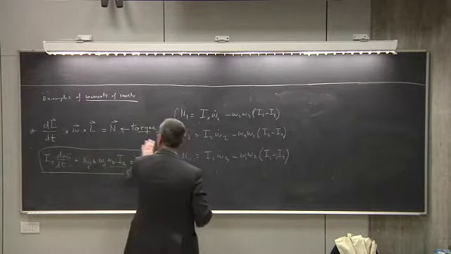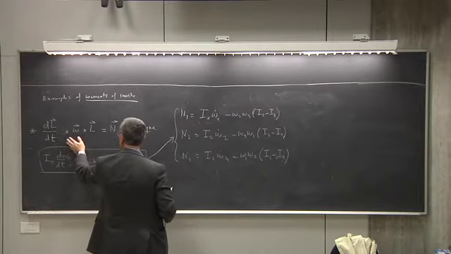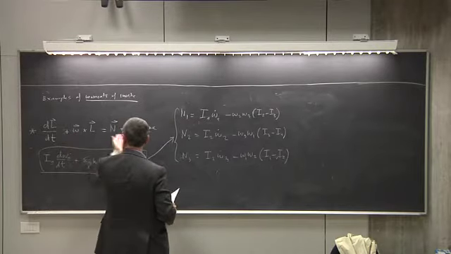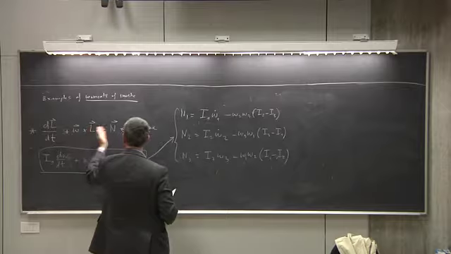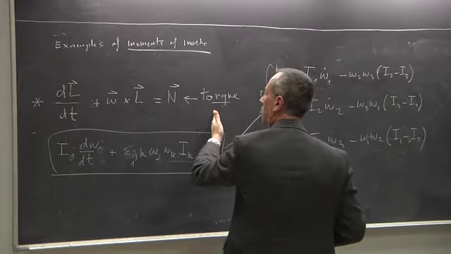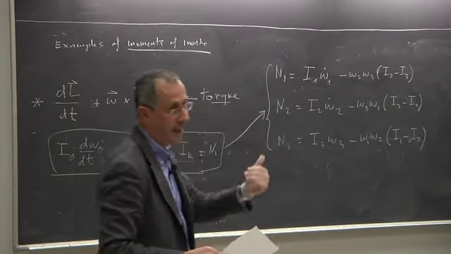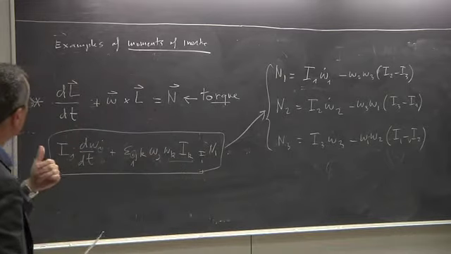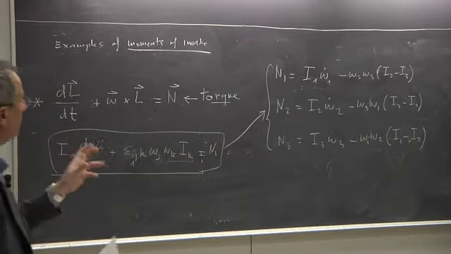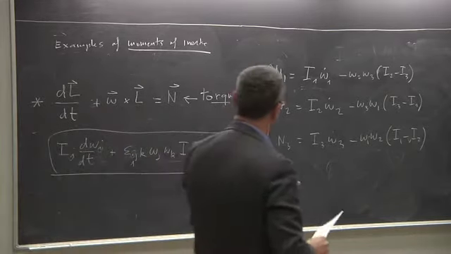So these are the equations for the change of the angular momentum given by an external torque. That is essentially all the dynamical equations that you need in order to study the motion of a rigid body.